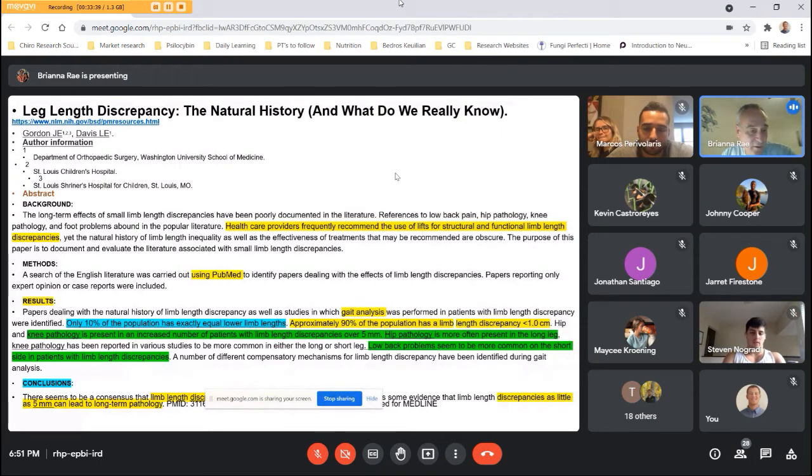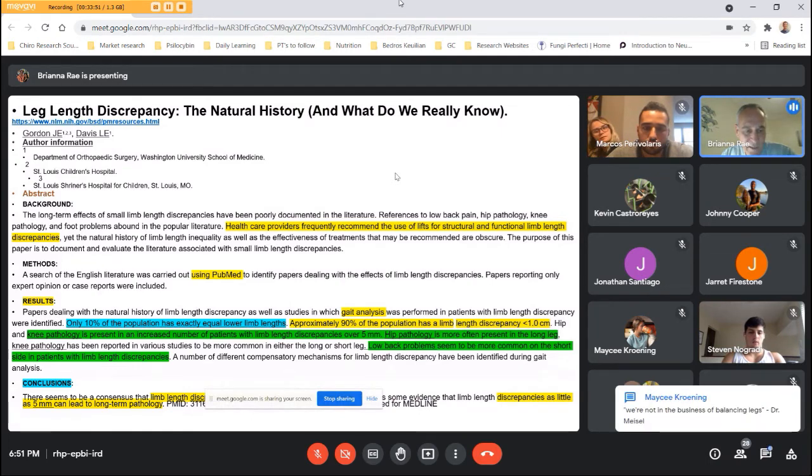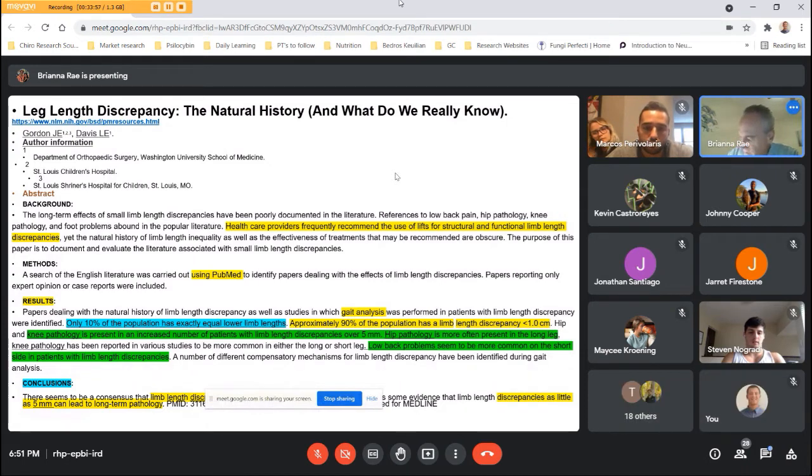And it varied from very minimal to maybe significant. So everybody was different, but very rarely did you ever see anybody with no leg length discrepancy. Very rare. This was done by PubMed and indexed by Medline. So it's a reputable peer-reviewed study.